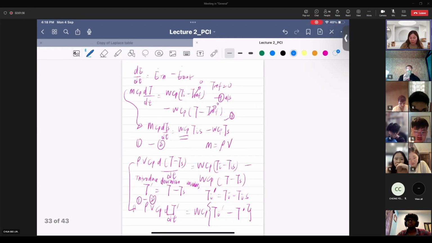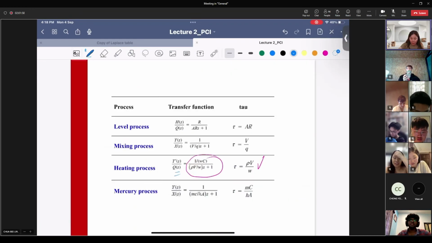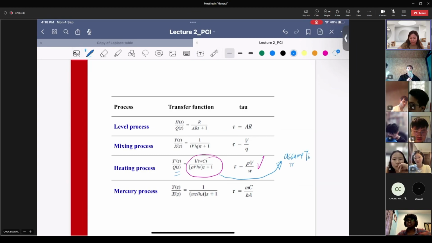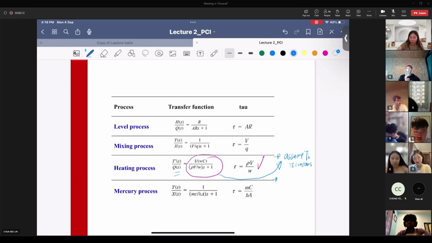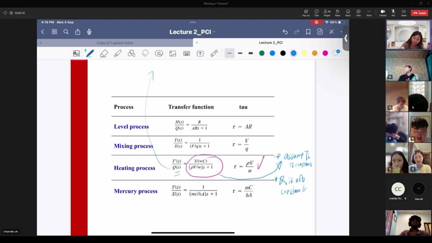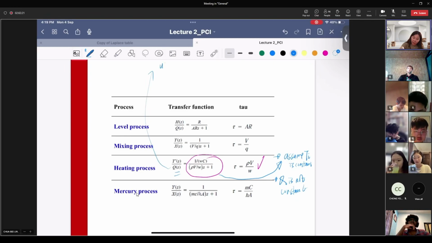The solution you will get is different because we assume different things. We assume Ti is constant, Q is not constant.